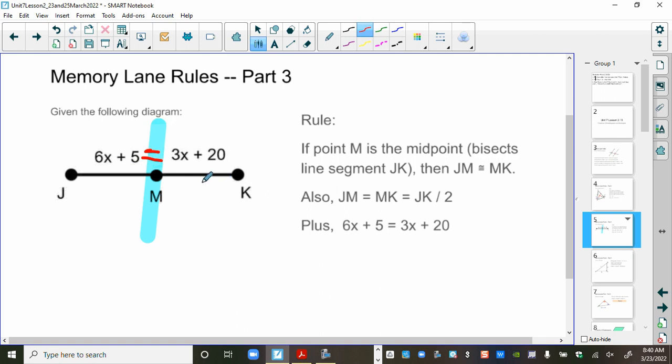So once you know this side, you know that side, and then you know the overall thing. We're going to be dealing with that as well in one way, shape, or form today. And again, next class, and probably for the rest of Unit 7. You got a midpoint, it's going to act like a bisecting point. All right.